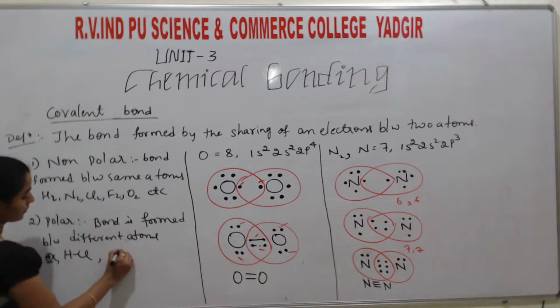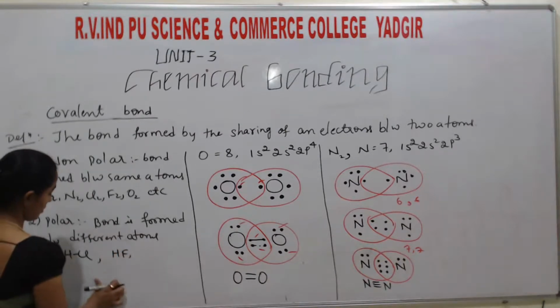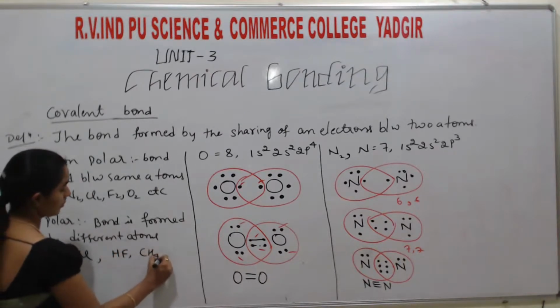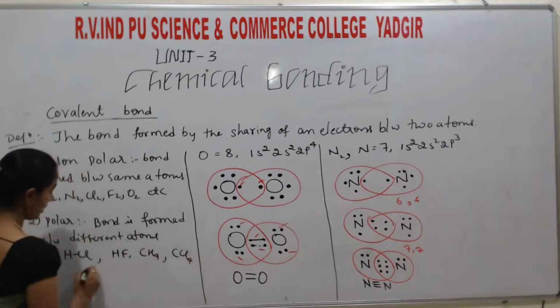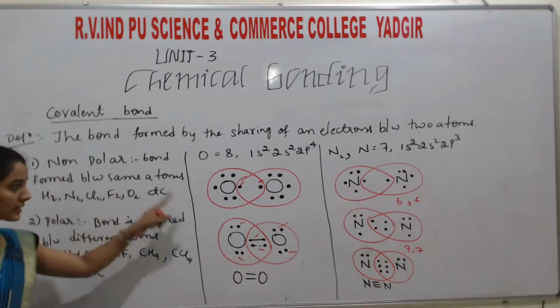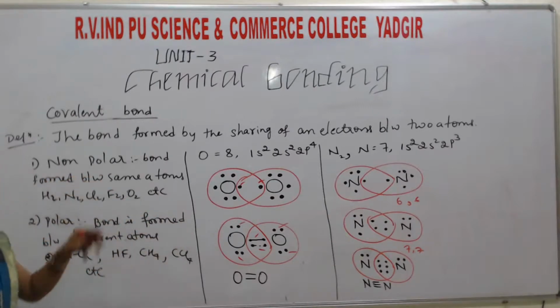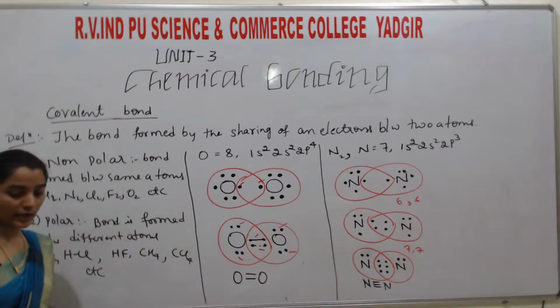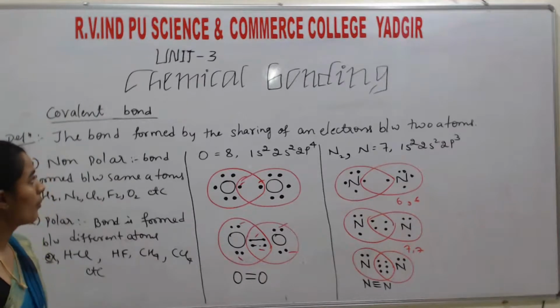Okay. Next, HF. Next, CH4, CCl4, etc. Okay. If the bond is formed between 2 different atoms, then it is a polar bond. If the bond is formed between the same atoms, then it is a non-polar bond. So this is a type of the covalent bond.